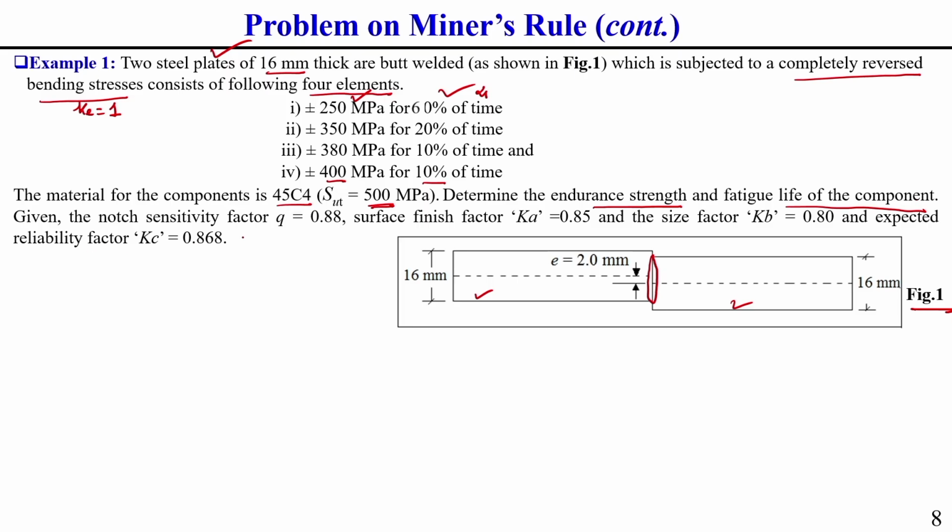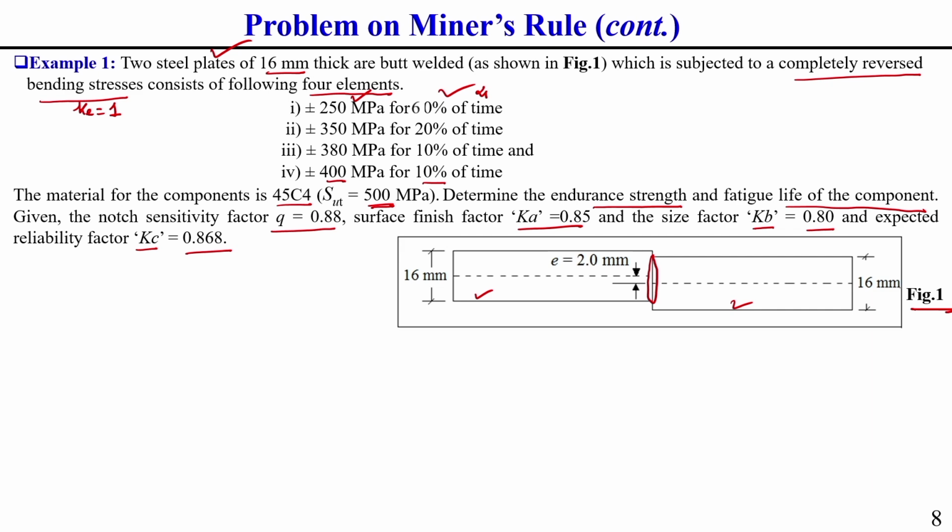The other information given is notch sensitivity factor q equal to 0.88, surface finish factor of the joint configuration 0.85, size factor 0.8, and expected reliability factor Kc given as 0.868. These are the information given.